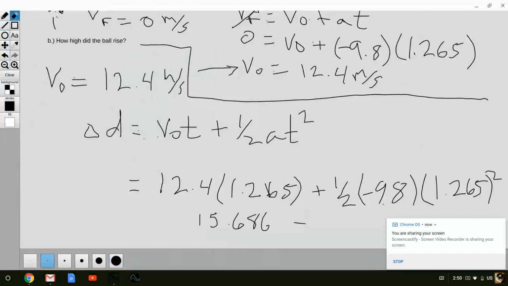Anyways, let me erase this real quick. This whole equation turns into 7.84 meters. There we go. And we'll circle that one.